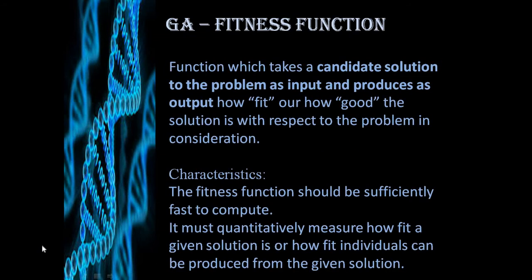Next is the genetic algorithm fitness function. Fitness function is a function which takes a candidate solution to the problem as input and produces as output how fit or how good the solution is with respect to the problem in consideration. This calculation of fitness value is done repeatedly in a genetic algorithm, and therefore it should be sufficiently fast.